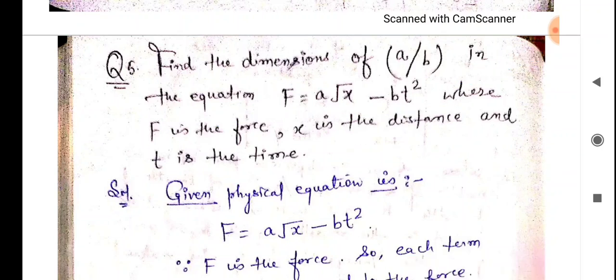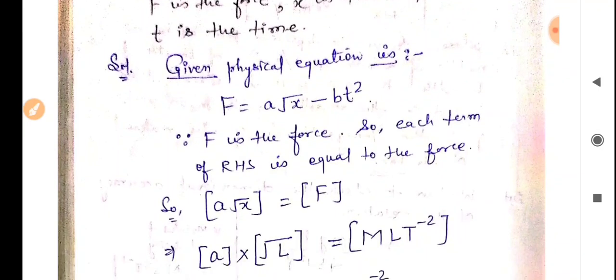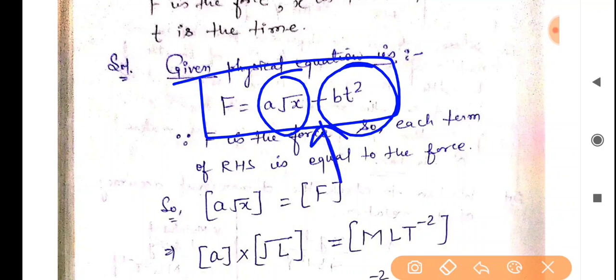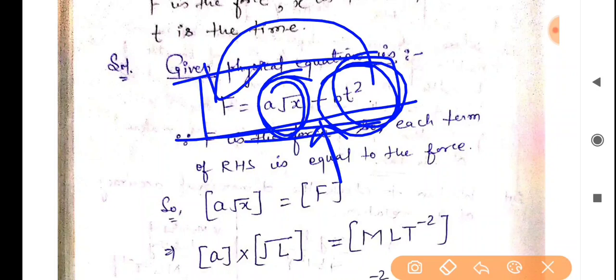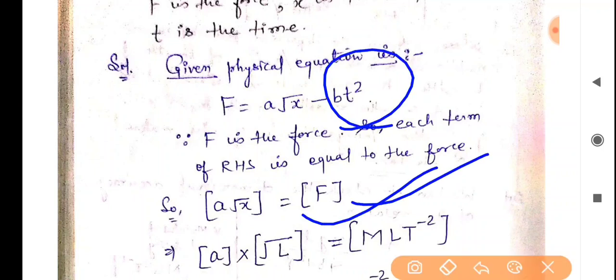Dear students, you are given an expression and you have to first find the dimensions of A and B, then find A divided by B. Since there are two terms on the RHS operated by a minus sign, these two terms must each be equal to force, because only similar like terms can be subtracted. So A root X represents a force and B T square also represents a force. Using this concept we can find the dimensions of A and B.